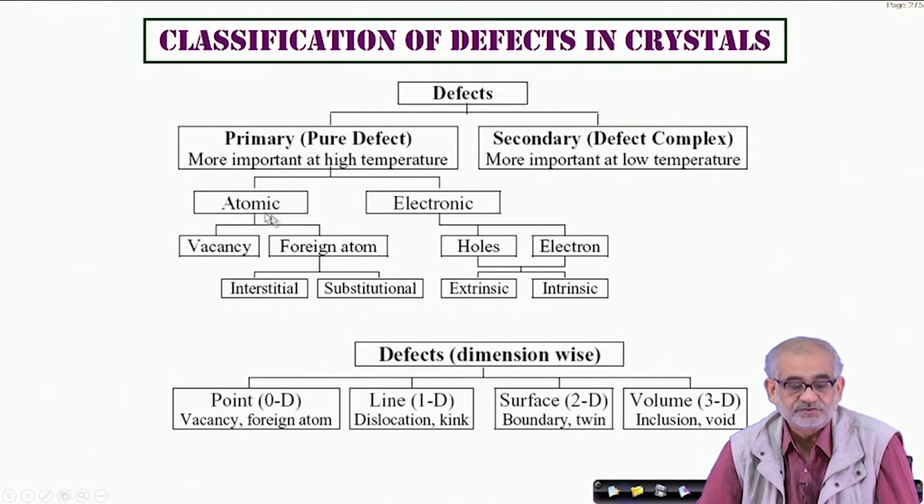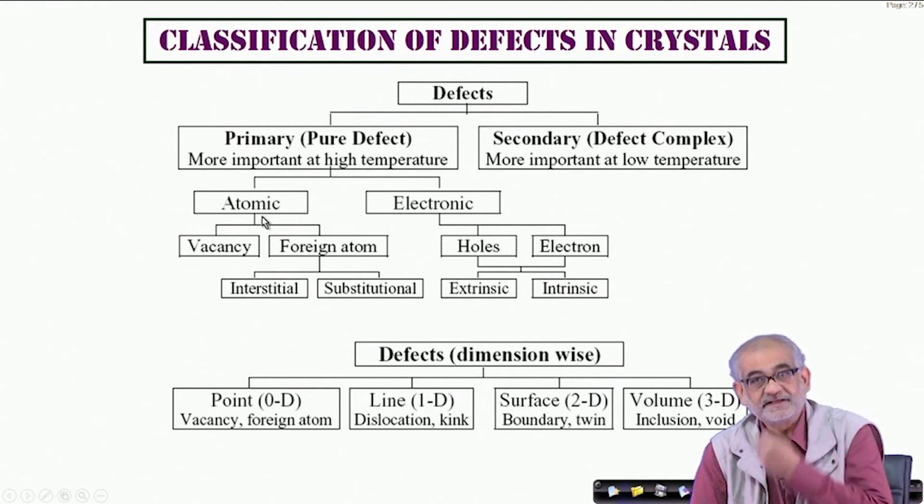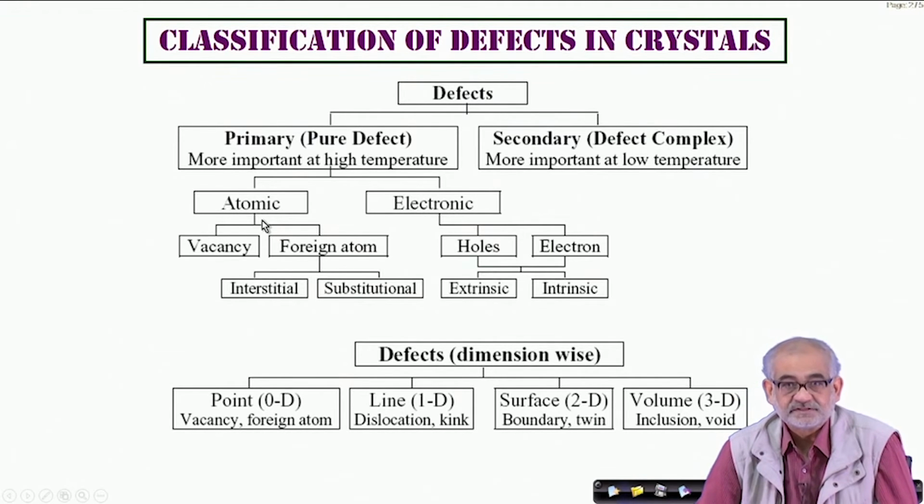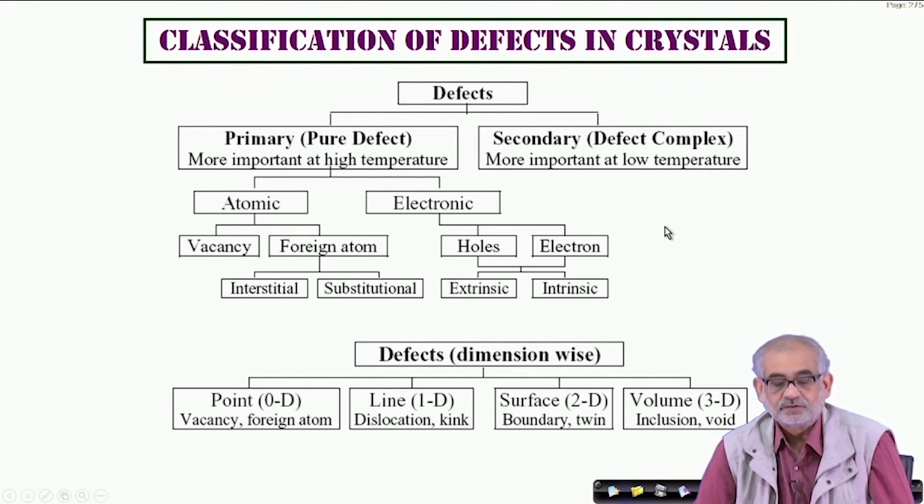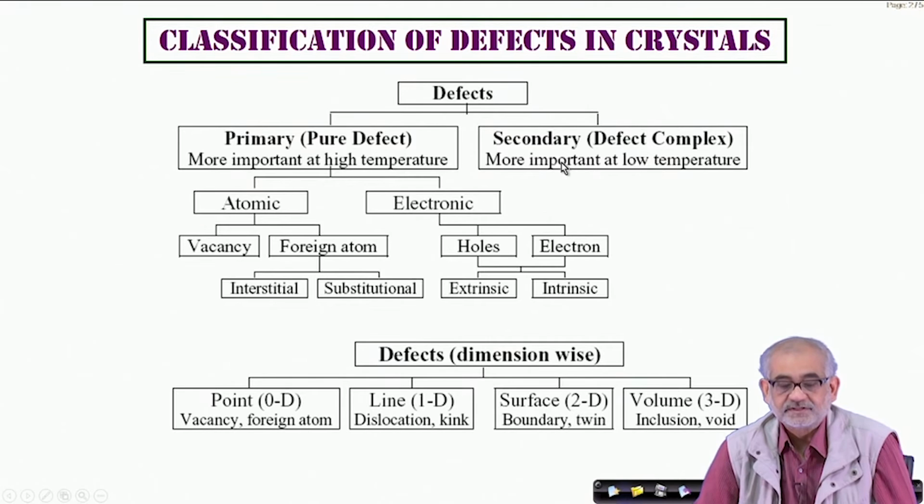For example, usually a vacancy will have some relation with an interstitial or a substitutional atom. Similarly, holes and electrons can make pairs. This kind of pairing gives rise to what are known as defect complexes, and they are called secondary defects. And as it is written here, these kinds of defects are more prevalent at low temperature or usually in the working condition.